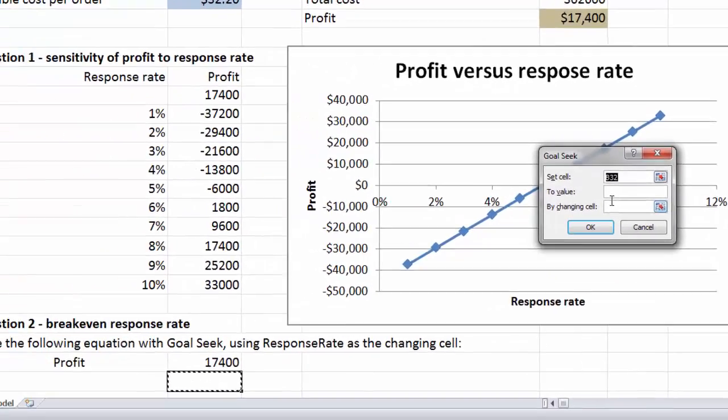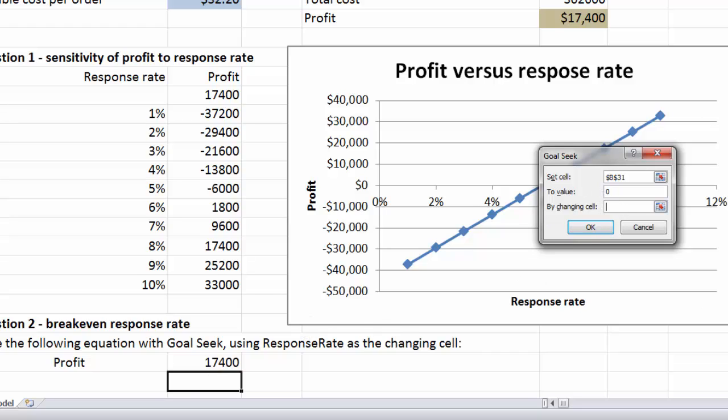We want the profit cell, so that is your set cell, and the value you want to set it to is 0. For this to happen, you must have a formula in that cell. If you don't have a formula, then nothing will change, and Excel will give you an error. So we have profit, and that should be 0.